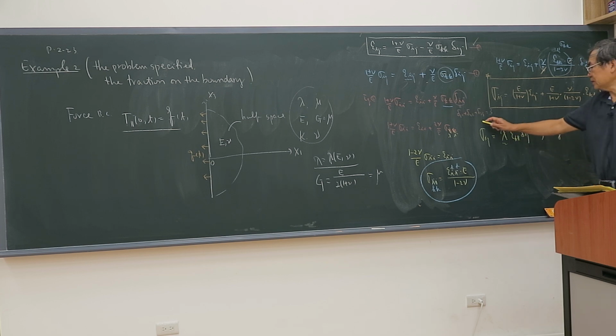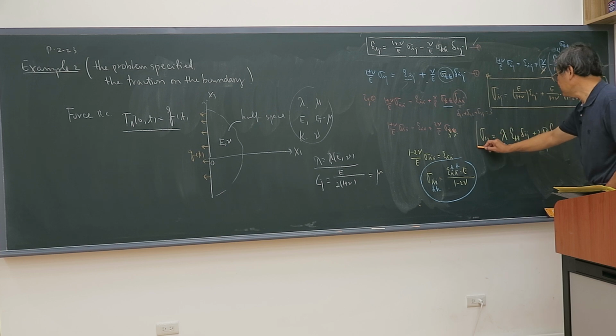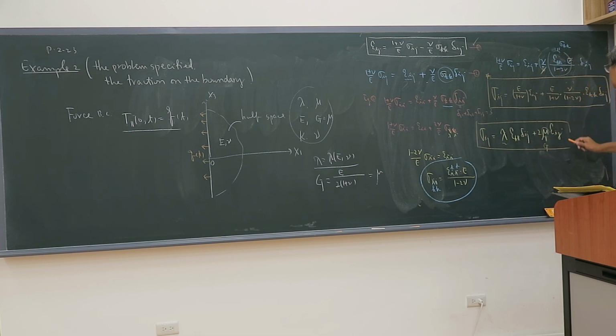So this I want you to memorize, and this μ is equal to G, the shear modulus. Okay. So compare these two equations. You can find this is equal to the Lamé constant, and this is equal to 2μ. So μ is equal to G, which is E/(2(1 + ν)).